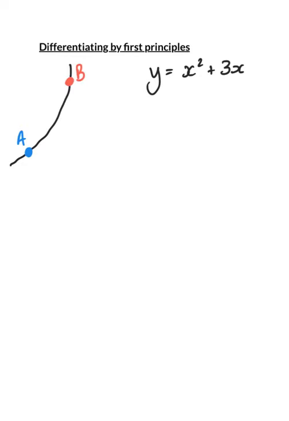At A, my x coordinate would just be x, and my y coordinate would be x squared plus 3x, because my equation tells me that that's how I get my y coordinate. At B then, I'm adding just this tiny little bit to my x coordinate. So I can say my x coordinate is x plus dx, which is a teeny tiny change in x.